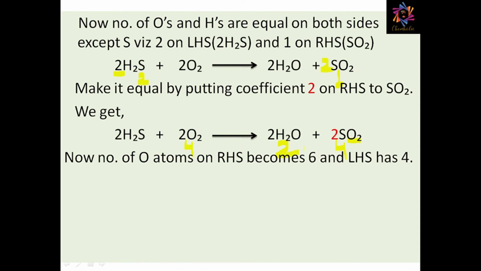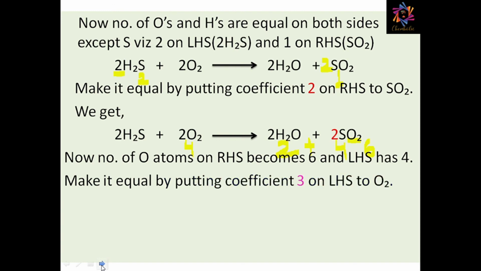If we add these 2, it will be 6. So 6 oxygen atoms are there on RHS, and 4 oxygen atoms are there on the LHS side. What do we do now? We'll make it equal; we have 4 here, we have 6 there.